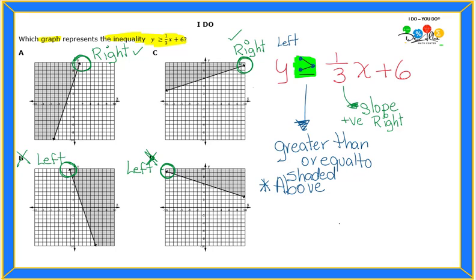Now, like I said, we'll look at the symbol in a minute. What about the number 6? What is this? Okay, so hold on. Let me go ahead and highlight this just to make sure. So this is my slope. Now, the 6 is my what? 6 is my y-intercept.